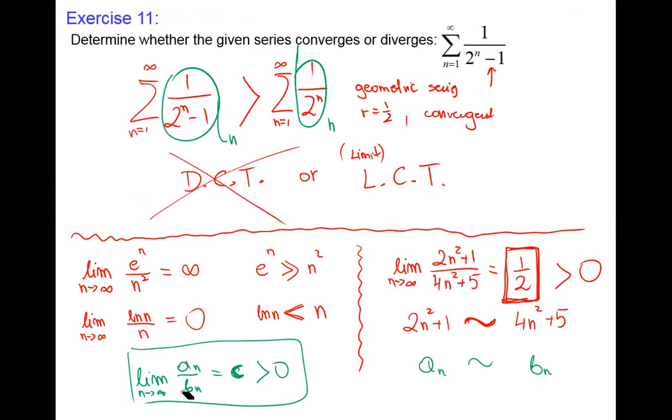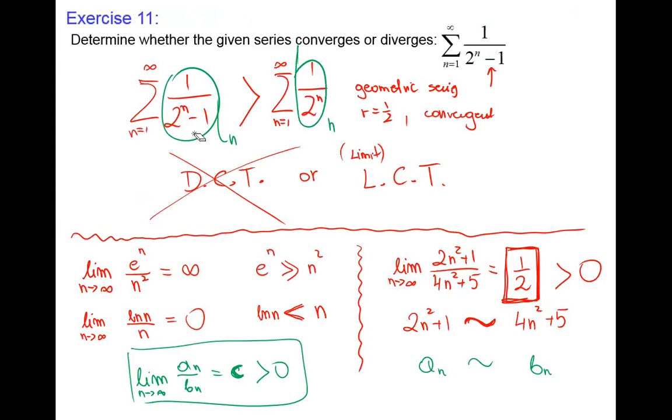Because if b sub n is divergent and we're getting a finite number, this means that both functions behave the same. This is divergent, this is divergent. If the series b sub n was convergent, and we're still getting a finite number, both of them are convergent. Right? That's the limit comparison.